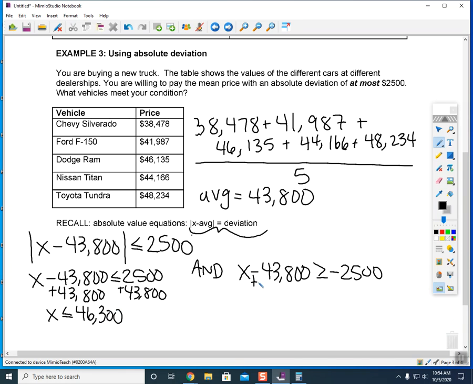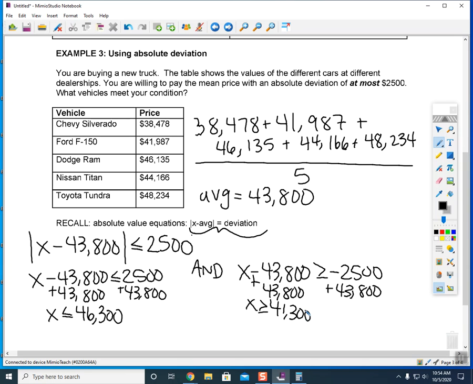I'll do the same thing over here, add 43,800. Okay, and then I'm left with x is greater than or equal to 41,300. So I could write this as one long inequality, right?